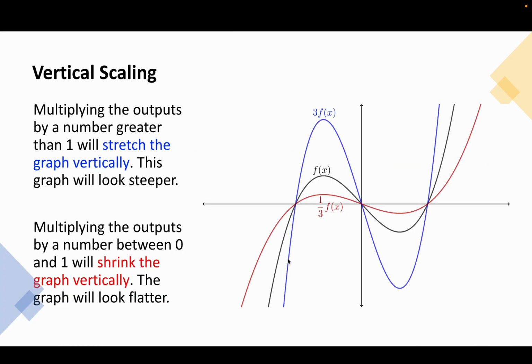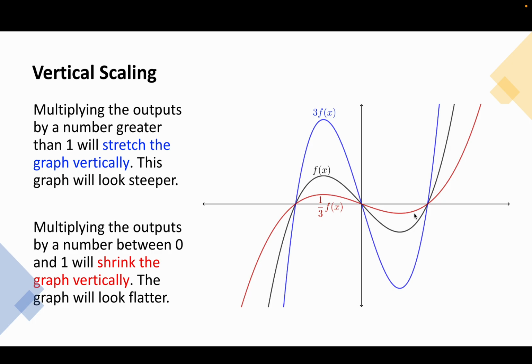To summarize, multiplying the outputs by a number greater than 1 will stretch the graph vertically. As you can see, the graph looks steeper here. And multiplying the outputs by a number between 0 and 1 will shrink the graph vertically. The graph will look flatter.